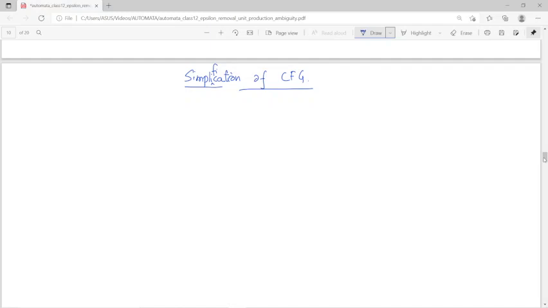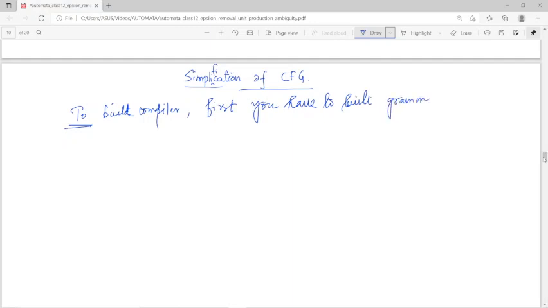If you want to build a compiler, what do we have to do first? You have to build the grammar.